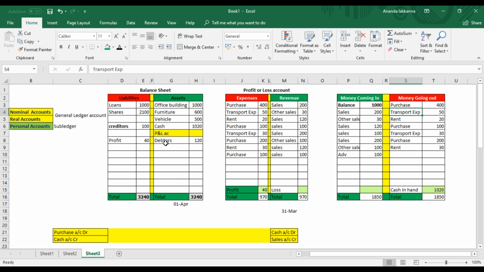Means when you pay, you are investing some amount to get some products. Like you have invested in something, your cash is going to reduce and your advance account will come here. When you receive, your cash is going to increase. Then that's not yours, so that liability will come into the picture. That's the same amount. Okay.